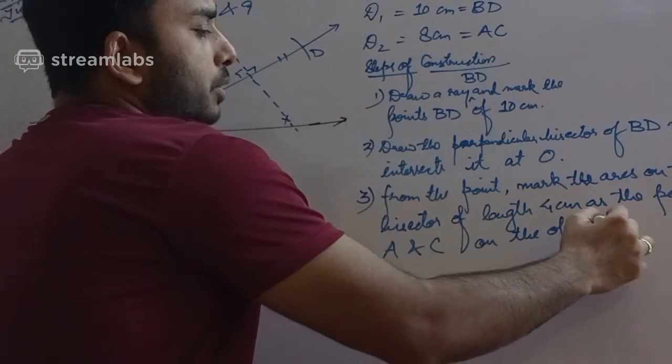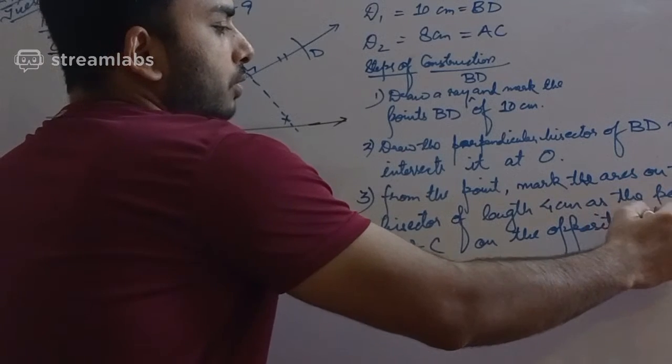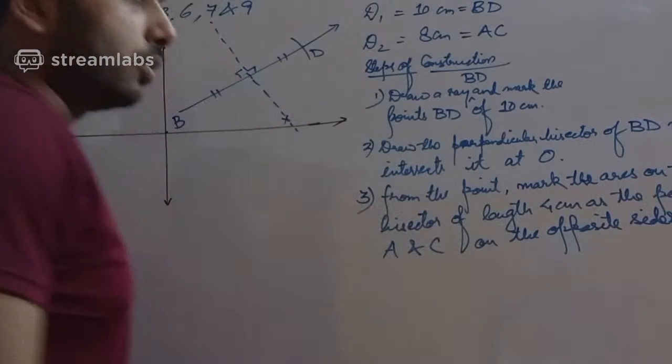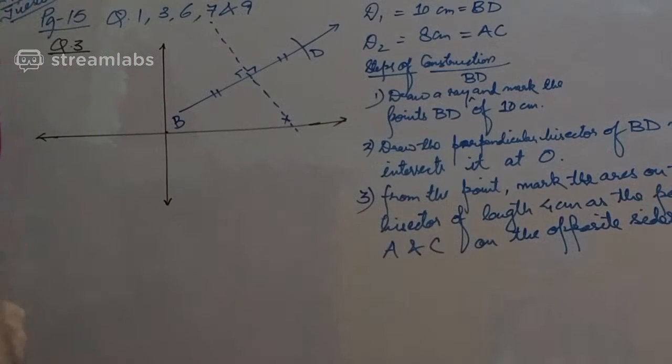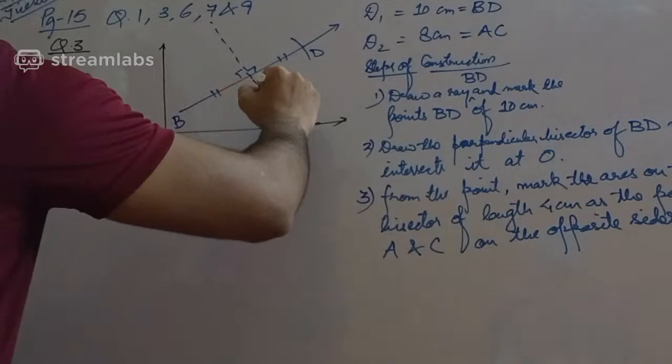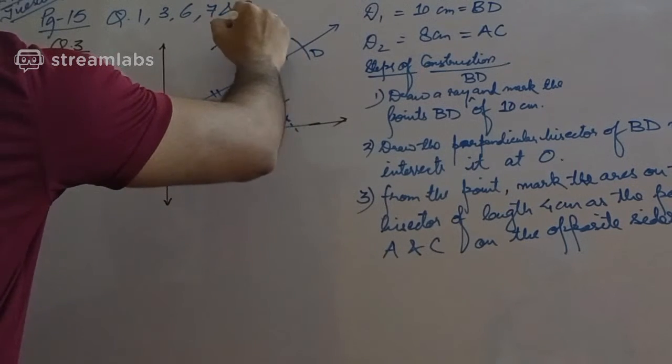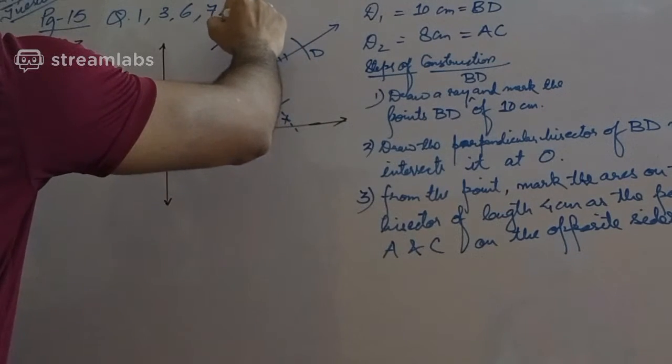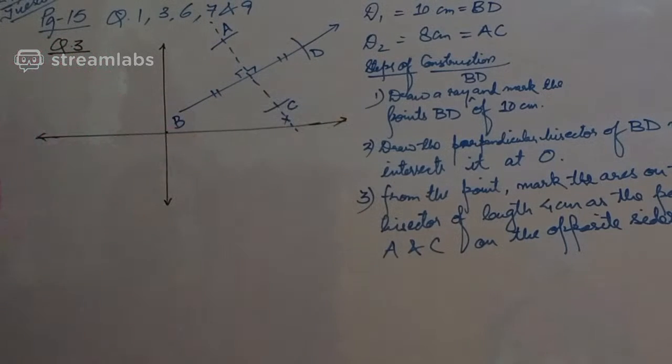Obviously it will come on opposite sides only, because it should be 4 centimeter from O. Say this is 4 centimeter, and this is 4 centimeter, and considering this as point A and this as point C, simply join AB, join AD, join BC, and join CD.